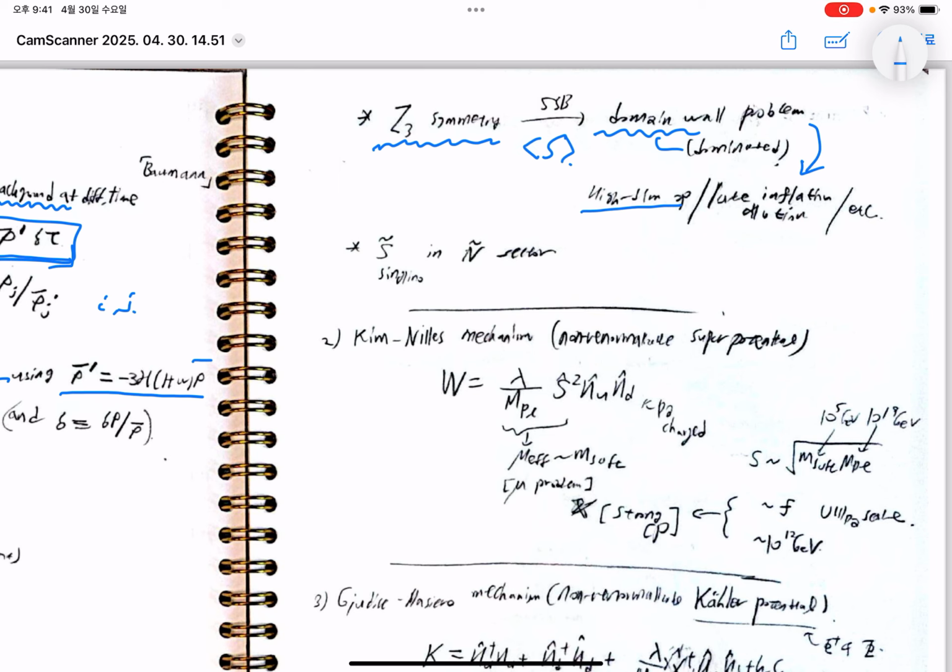And in addition, in the NMSSM, the singlino component will be added to the neutralino sector, and when we consider the Higgs potential and its minimum, the conditions of the singlet will be added.